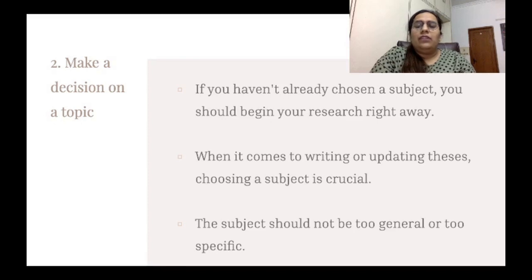When it comes to writing or updating a thesis, choose a subject that is crucial. This is very important. When you are writing your thesis, you need to have a proper crucial subject to write upon, because a crucial subject would indicate something or have a proper significance. Choosing a subject is basically making a difference in something. How are you making a relevant change in the community when you are not doing proper research on something?